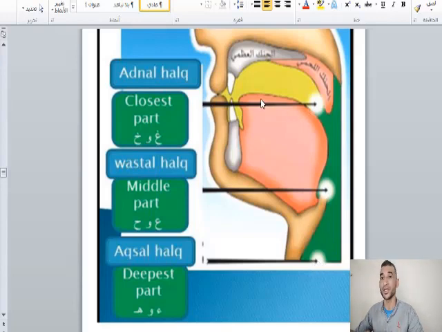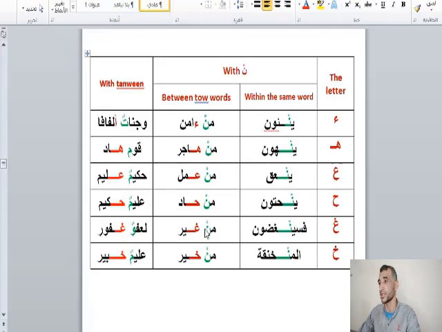So it is difficult to merge the consonant nun or the tanween with these letters. So this is why the rule of izhaar halqi, or the clearing of the throat, applies with these letters especially. Okay, so let's go back here.